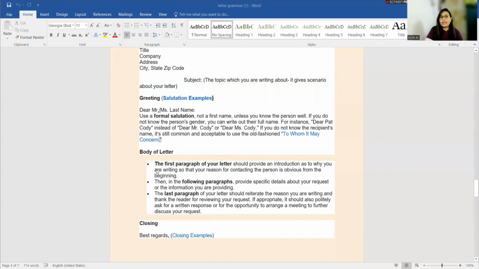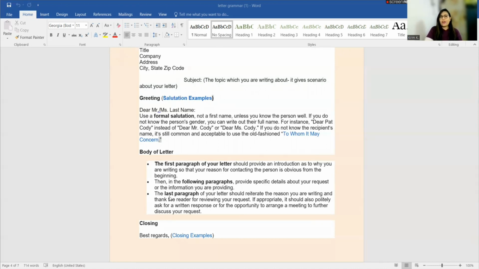So the body of the letter: the first paragraph of your letter should provide an introduction as to why you are writing, so that your reason for contacting the person is obvious from the beginning. Then in the following paragraph, provide specific details about your request or the information you are providing.